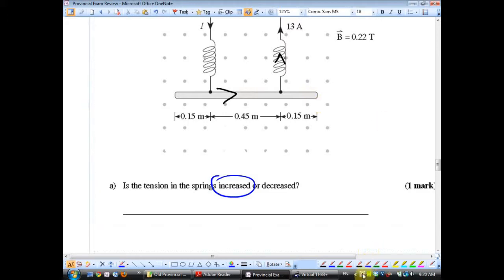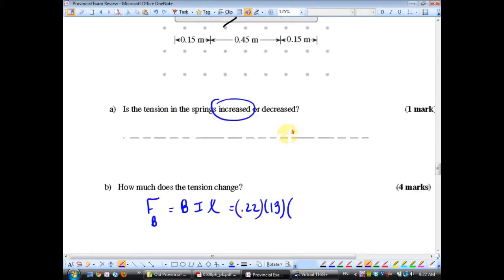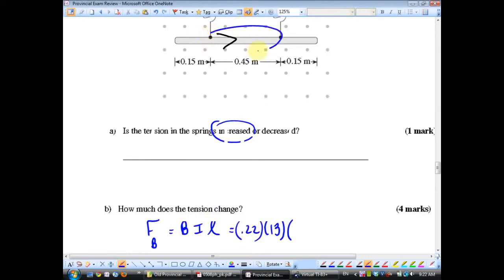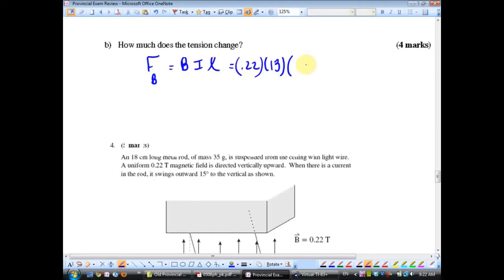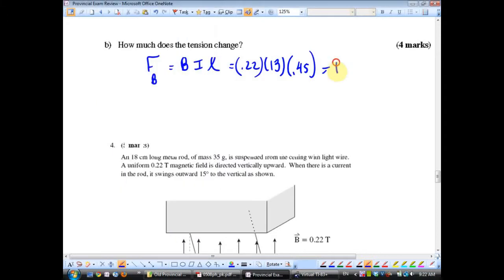The portion of this rod that's actually getting the current is just this stretch right here, because there's no reason for electrons or positive charges, the current, to flow in either of those directions. So 0.45. And the answer is 0.22 times 0.13 times 13 times 0.45, 1.29 newtons.